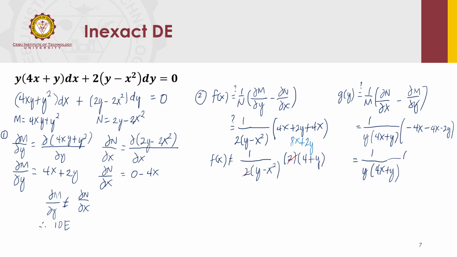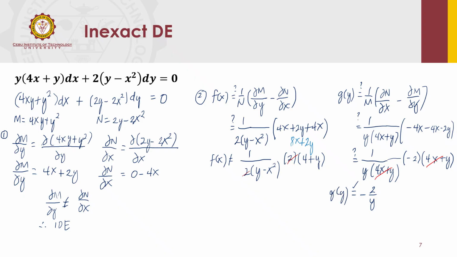So we can put negative 2 here, so it's 4x plus y for the second factor. For this one, we have 4x plus y as the common factor. So what is left on the right side is a pure function of y. It's negative 2 in the numerator and y in the denominator. So it is a pure y function.